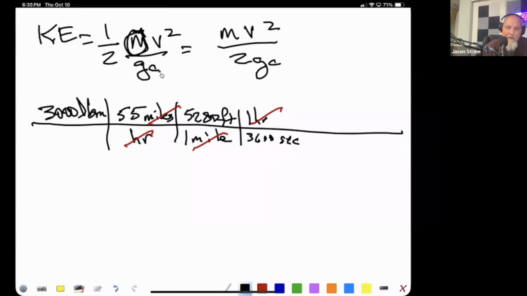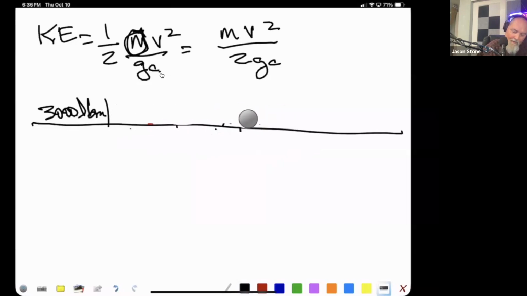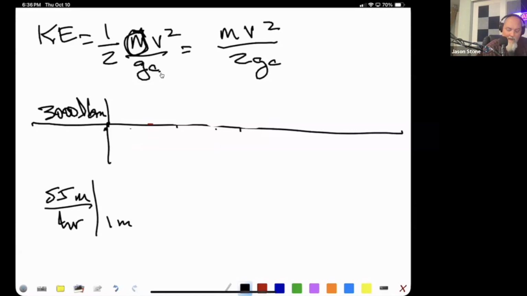So there's a better way to do this. Let's convert the 55 miles per hour on its own first. So let me erase some of this. We'll come up with our feet per second and then we'll do the square.